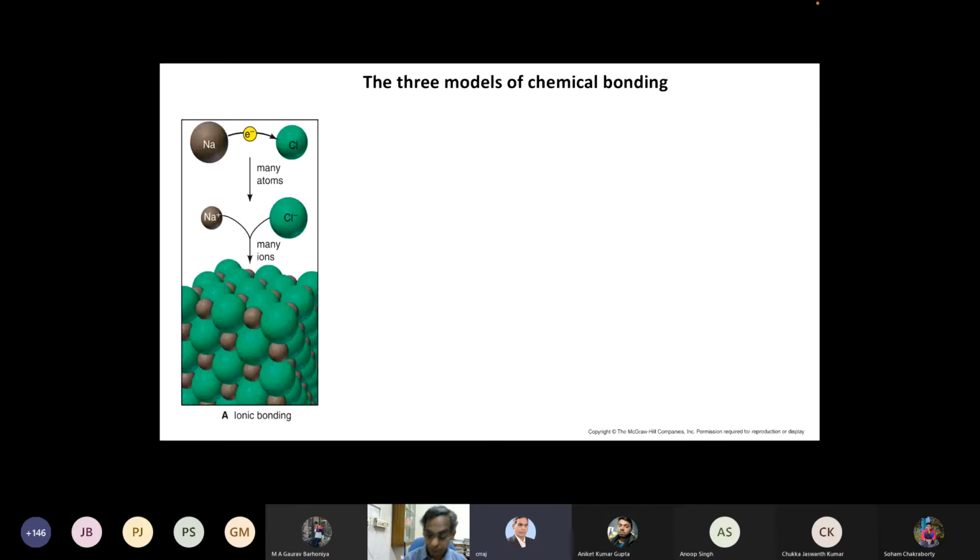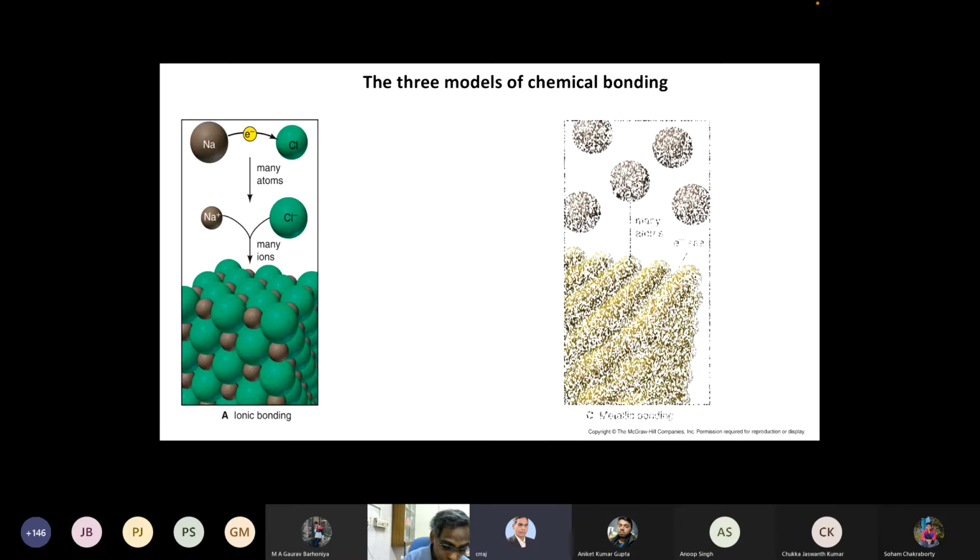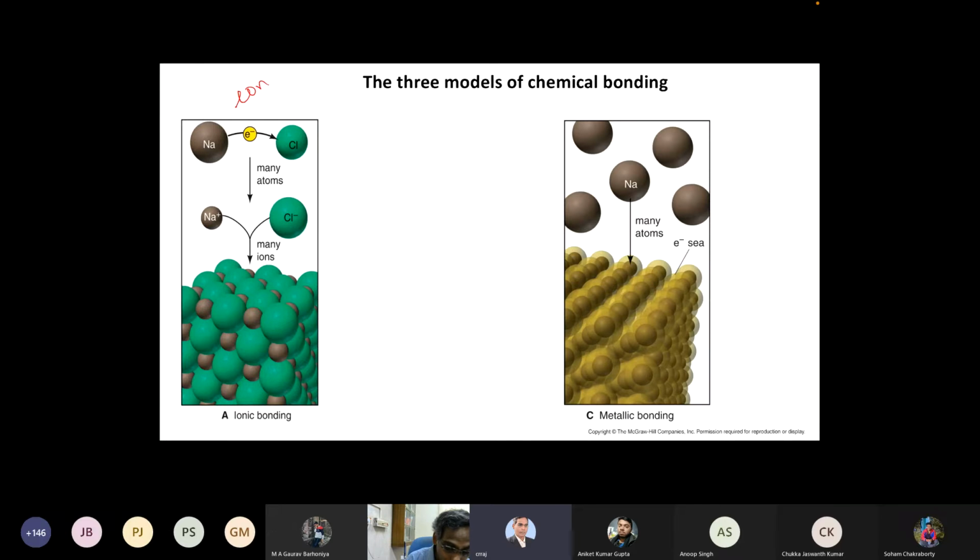Now, number one, you see here, this is your ionic bonding. This is a typical example, sodium chloride. Already we gave the rock salt structure. On the other hand, you have metallic bonds. All your metals, copper, platinum, gold, whatever you have, have an electron sea.